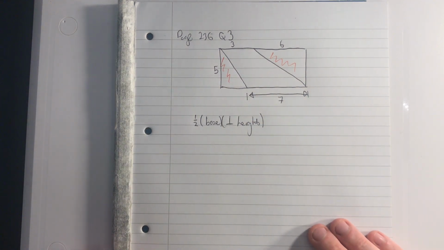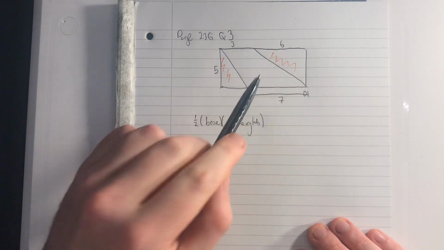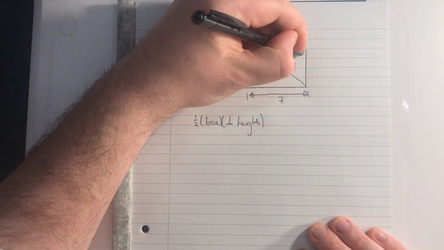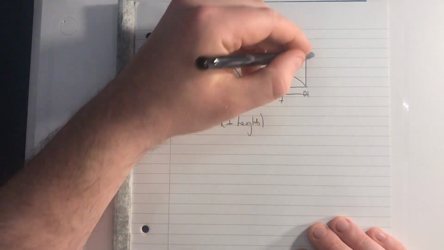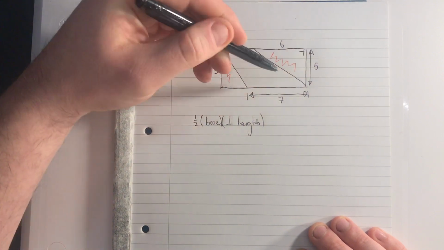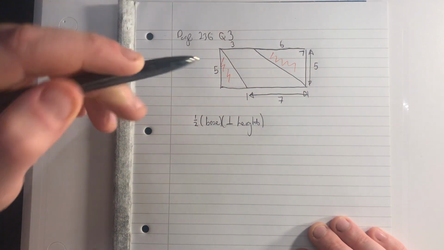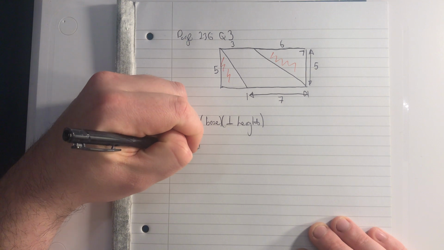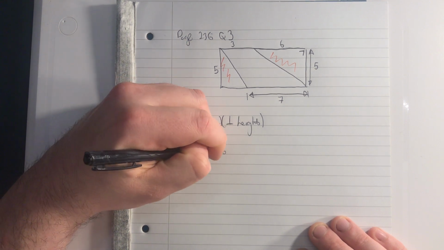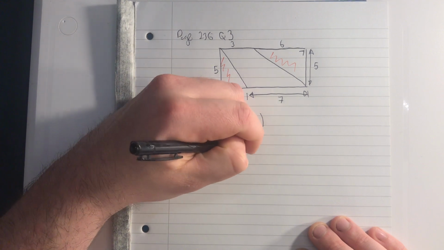Now, let's deal with this one over here first of all. The base for that one is going to be 5, and its perpendicular height will be 6. So it's going to be a half times 5 times 6, which is equal to 15.